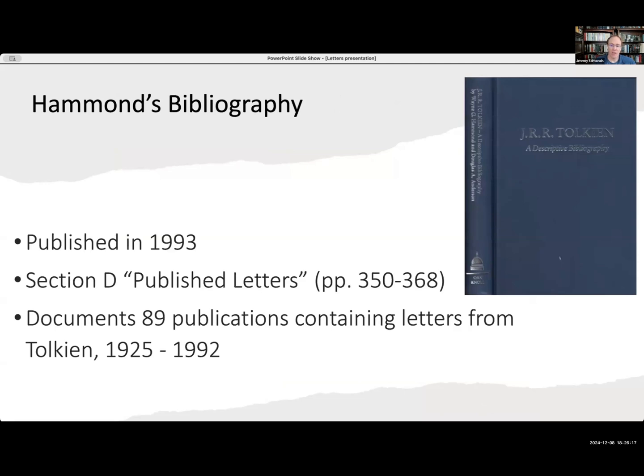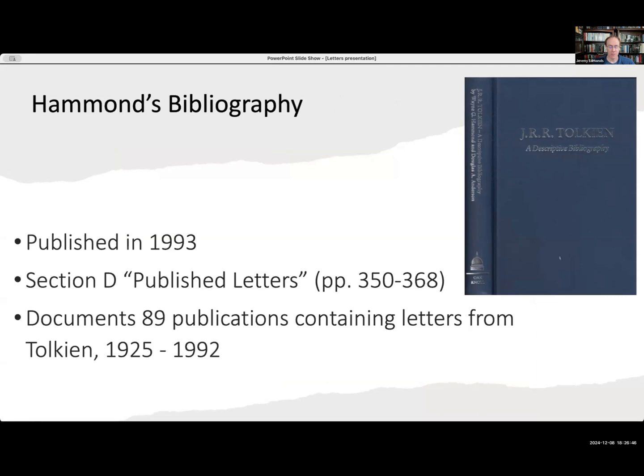After auction catalogs and everything, Wayne Hammond, with the assistance of Douglas Anderson, did a really incredible amount of work putting together the bibliography. He published this in 1993. One of the sections in the book is the published letters, which collects information and documents the places where letters are published through 1992 outside of Carpenter's book.